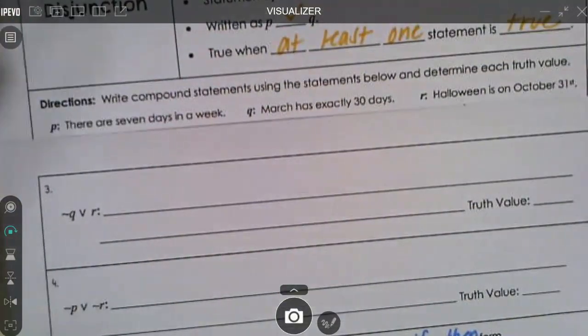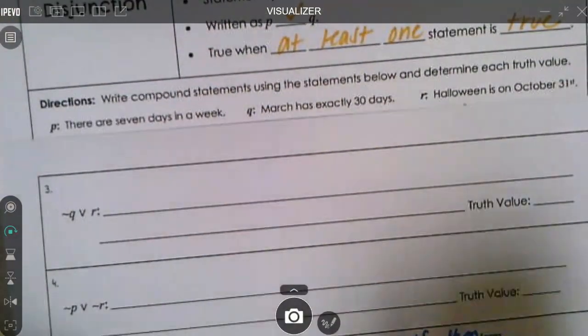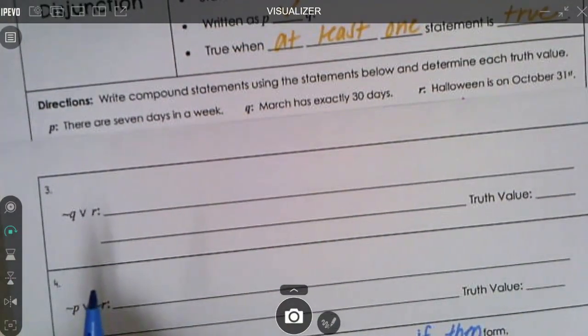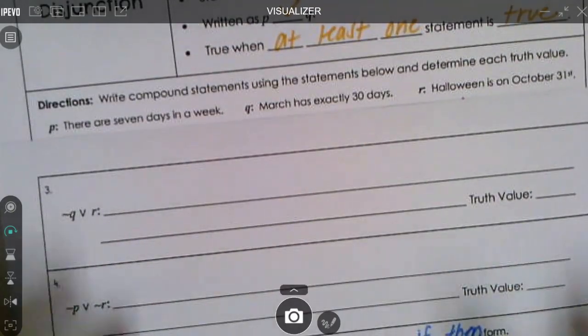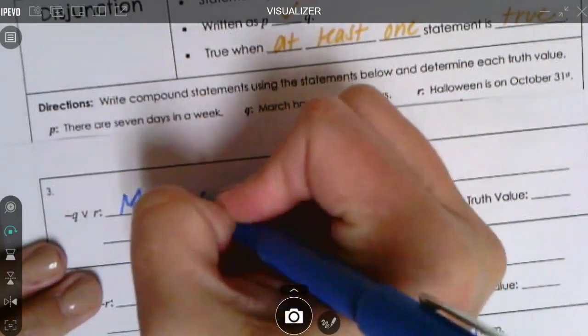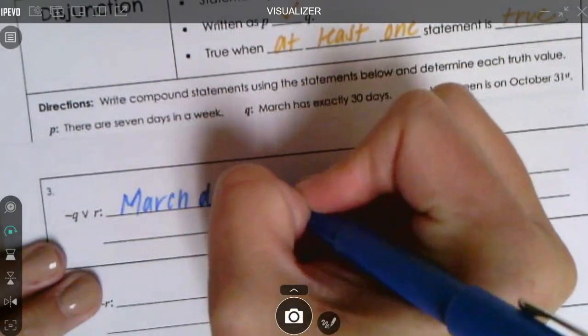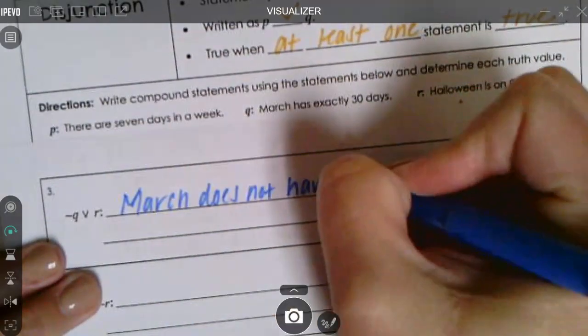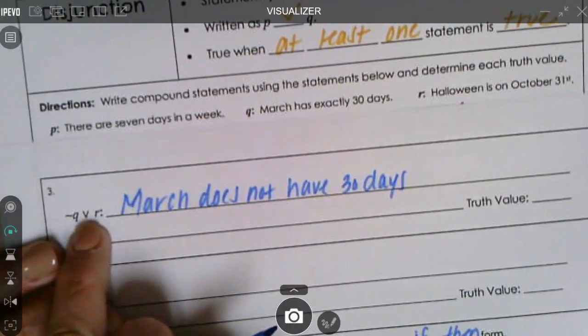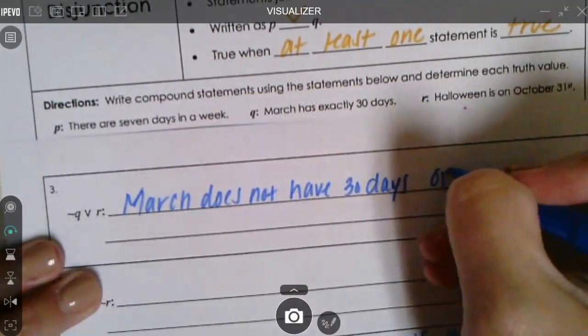So again, if you need to remind yourself of what this means, that little squiggle in front of the Q means we're putting the word not into the sentence. March does not have 30 days. This symbol right here, remember, means or.